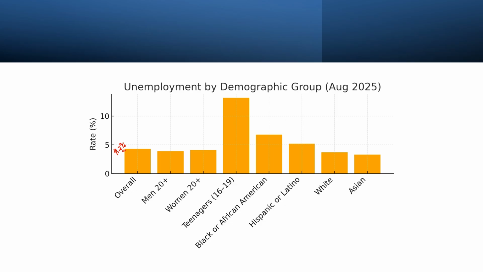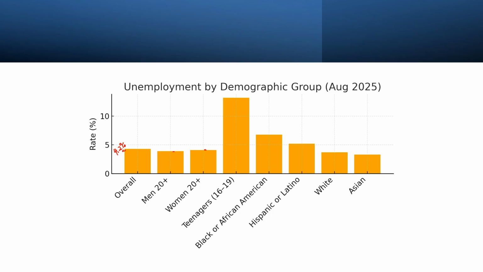This is what they'll typically quote in the news if you're reading about unemployment. But men who are over the age of 20, their unemployment rate is slightly lower. Women who are over 20, again, it's around 4.2, 4.3%.